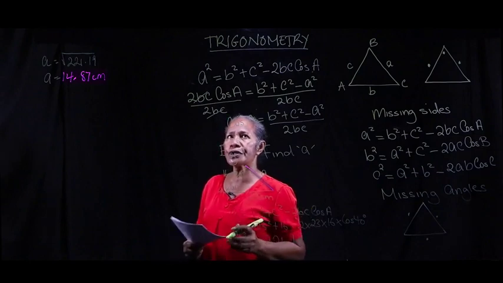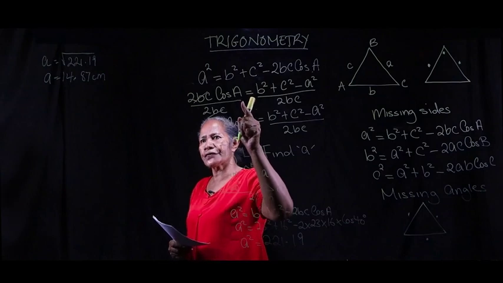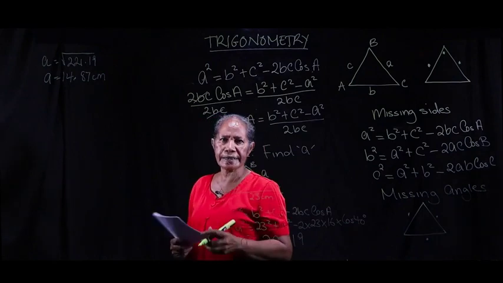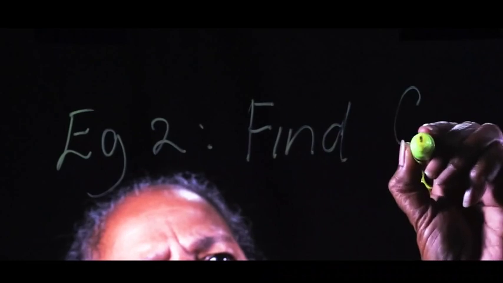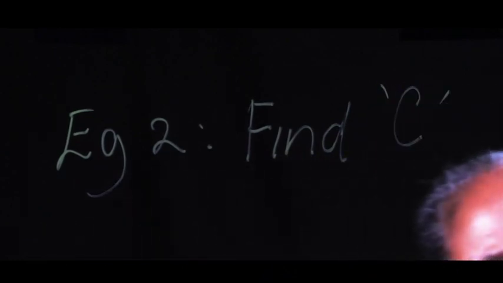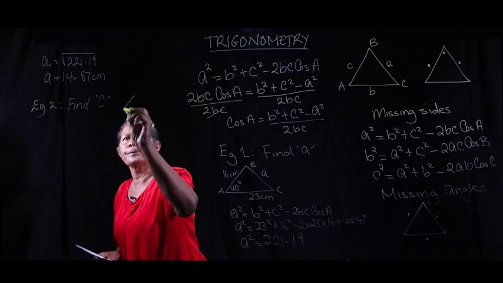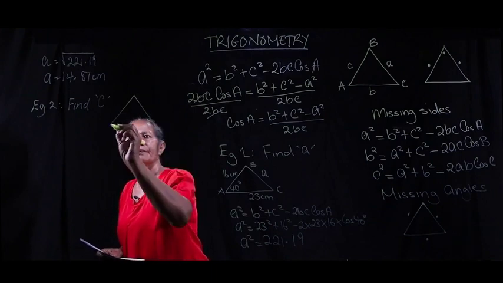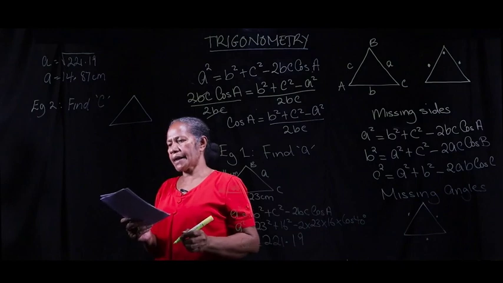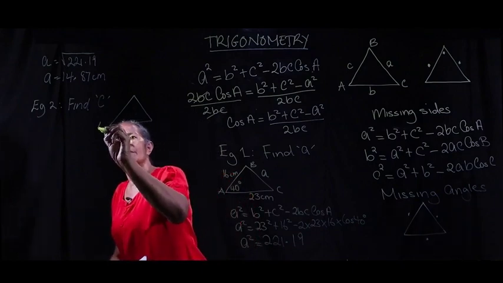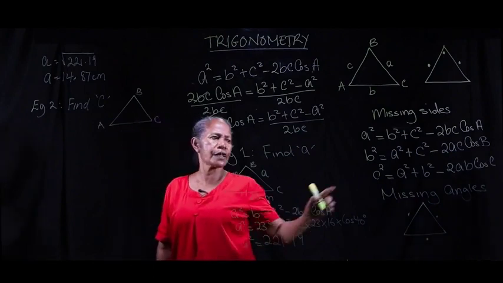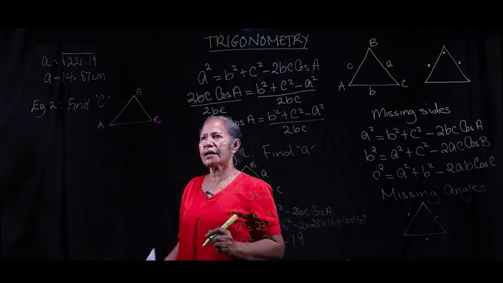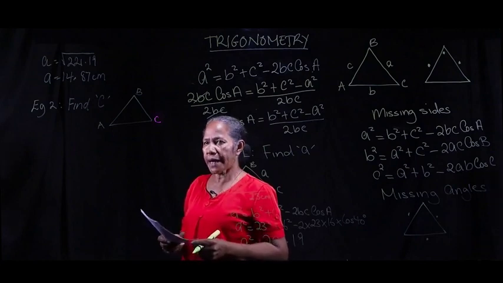This time we're going to use this formula to find the missing angle in example number 2. We are going to find angle C. Let's look at our triangle. Again, we label the angles A, B, and C. And as I've stated, all three sides are going to be given when we are looking for a missing angle.